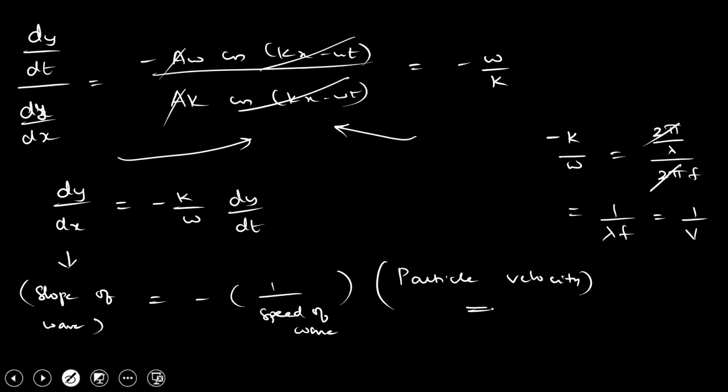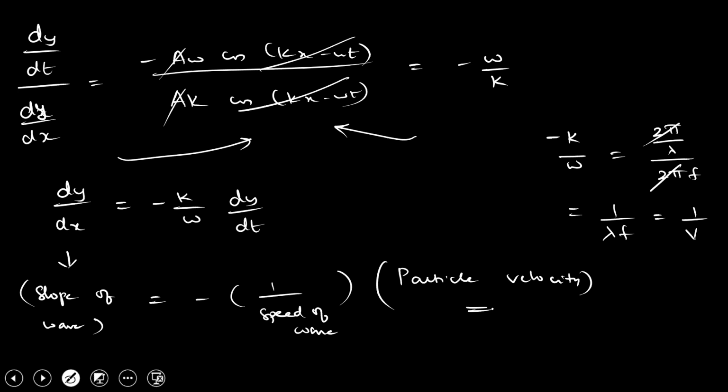Here one point you need to be clear with. Particle velocity and speed of wave, the other name I told you, phase velocity. Particle velocity and phase velocity are not the same. So this is an important expression.